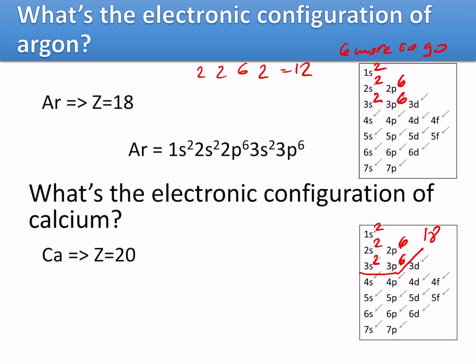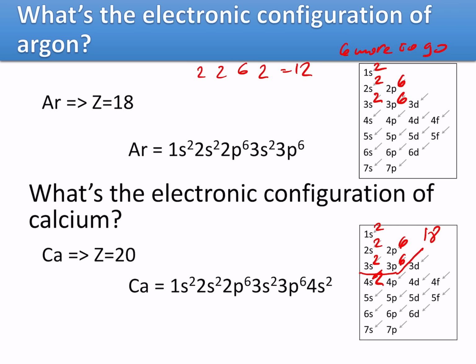The next arrow is this one over here for the 4s. You are not going to the 3d, you are going to the 4s because it's the next arrow, and you put those 2 electrons there. You need 20 electrons, just 2 more, you put those on the 4s orbital. That is the configuration of calcium: 1s2, 2s2, 2p6, 3s2, 3p6, 4s2.